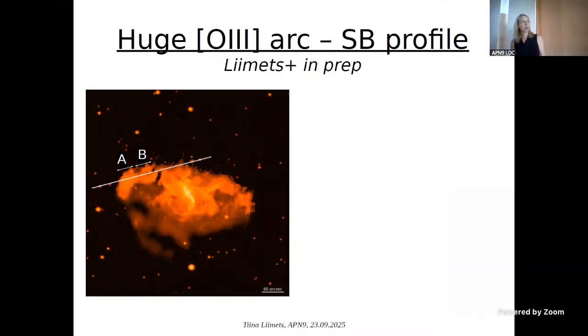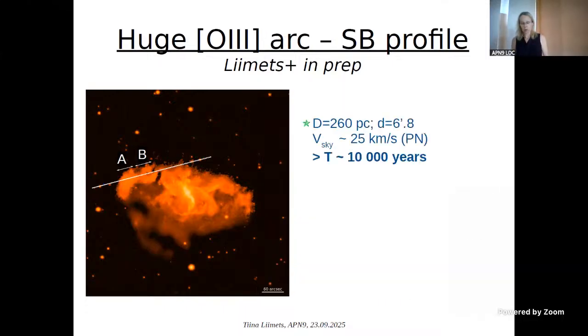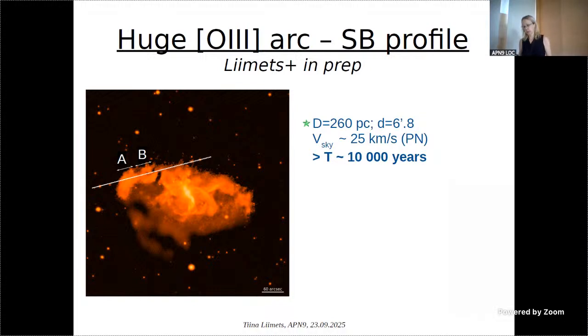What we can do, however, with some assumptions, even though the spectra was very low resolution, is get the range of velocities, and they are typical for a planetary nebula type, about 20 to 30 kilometers per second. Taking into account the distance and the extent in the plane of the sky, which in this direction is almost 7 arc minutes, we get an age of 10,000 years. So this is compatible with planetary nebula ages.